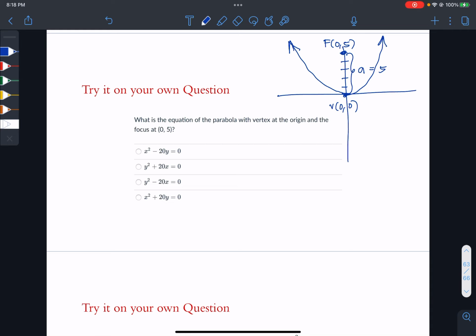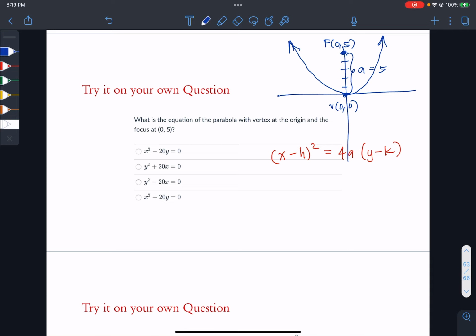Tama ba? So ang general format niyan ay (x minus h) squared equals 4a times (y minus k). So pag x squared, it's opening upward or downward. Pag y squared, it's opening to the left or to the right. So since this is x squared, it is opening upward.